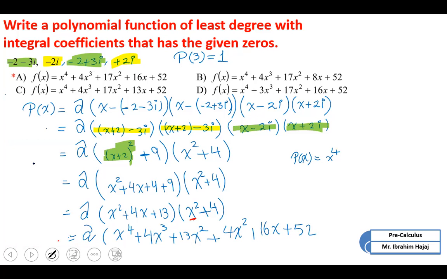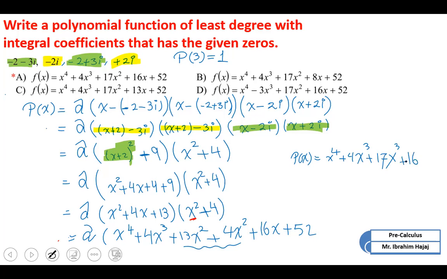So p of x is x to the power of 4 plus 4x to the power of 3. And then we have to combine the terms including x squared, which gives us 17x squared, then plus 16x plus 52.